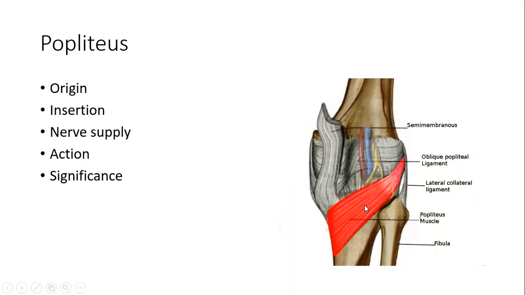So again, I'm repeating the attachments for the popliteus muscle. It gets attached proximally above the soleal line in the upper part of the posterior surface of the tibia and runs upwards and laterally to get attached over the lateral condyle of the femur.